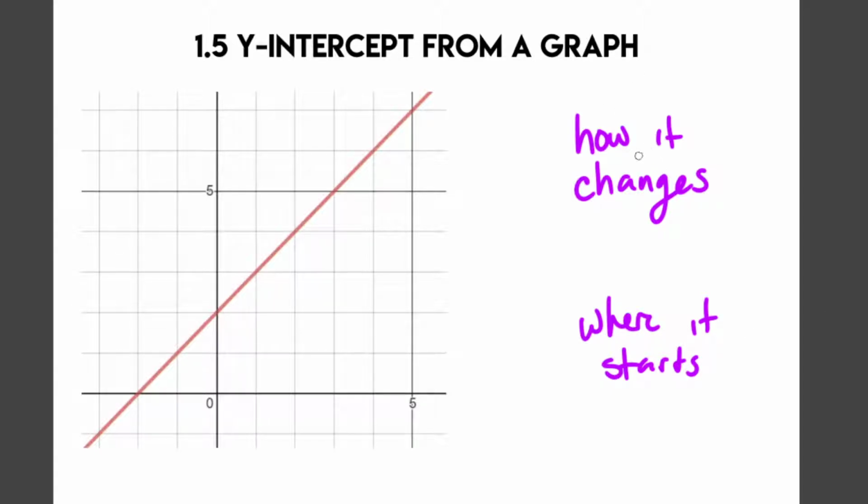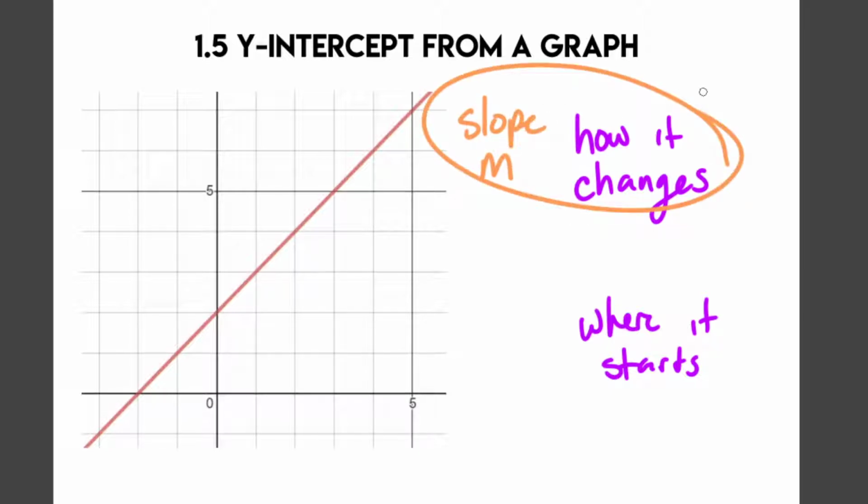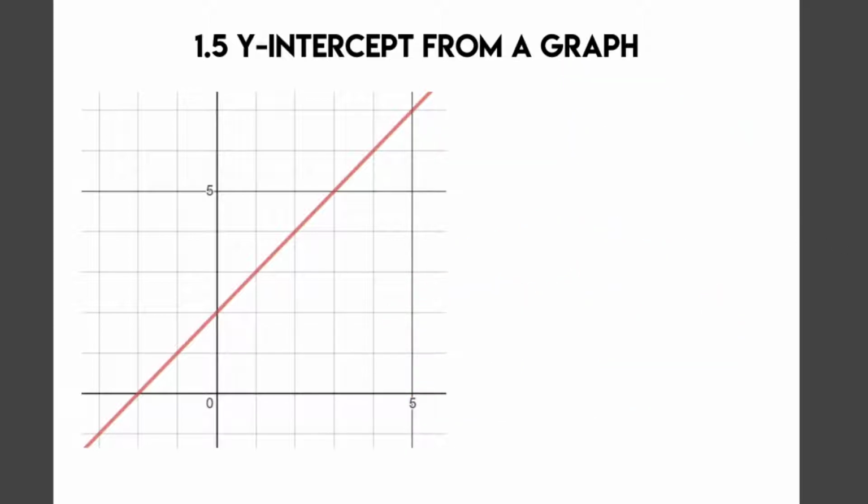We started off by learning about slope, which is m, and that is how it changes. Slope is how the line changes. And our y-intercept, which is represented by b, is where the line starts. So let's take a look at how we can find that here.